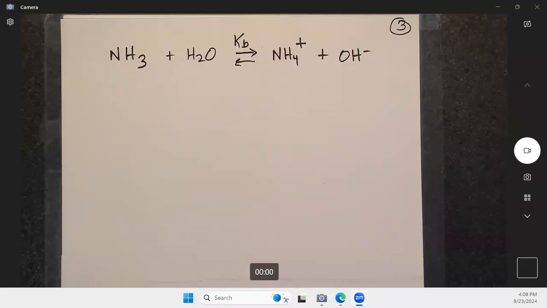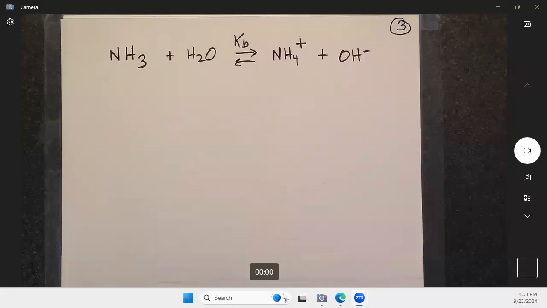So ammonia was one of the places where the Bronsted-Lowry theory could explain why ammonia is a weak base. And it's not immediately obvious with the Arrhenius theory of acids and bases why ammonia is a base.